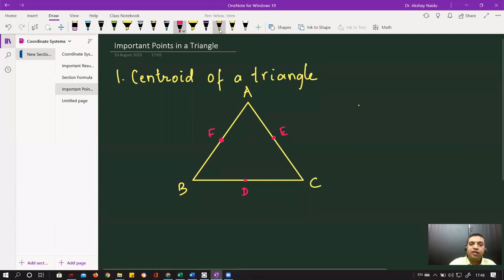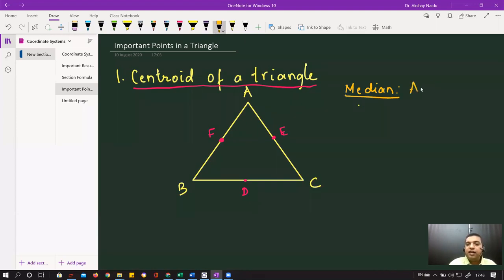Okay, first I'll write the definition of the median: a median is a line joining a vertex to the midpoint of the opposite side.